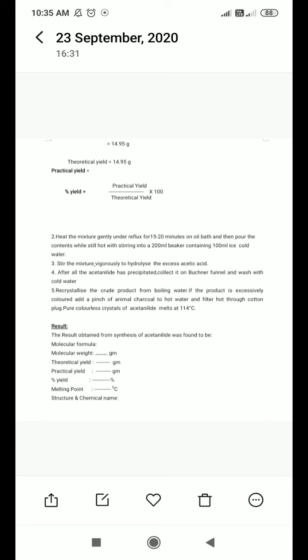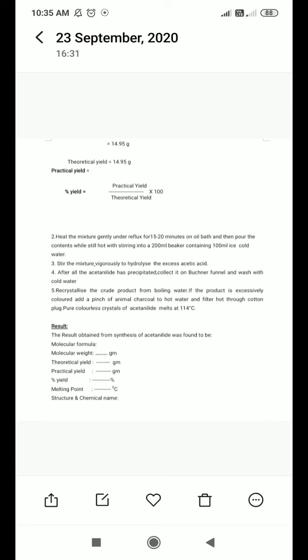Then how to calculate the practical yield? If from this 10.3 gram aniline you collected 10 gram of your actual product, acetanilide, then how to calculate percentage yield?